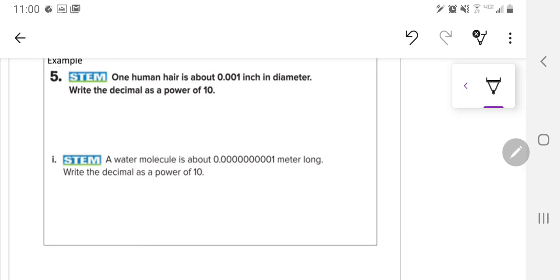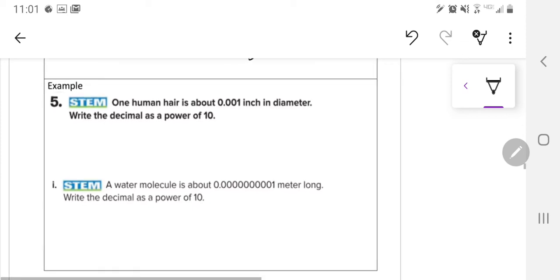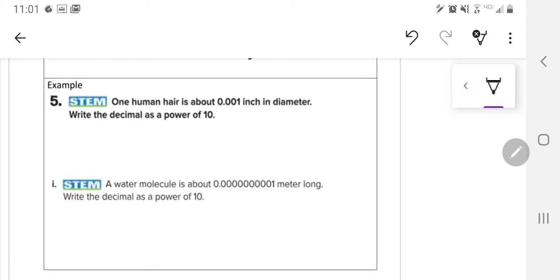Ooh, this looks fun. This is kind of starting to introduce where we're headed. But this number 5 says 1 human hair is about 1/1000th of an inch in diameter. Write the decimal as a power of 10.